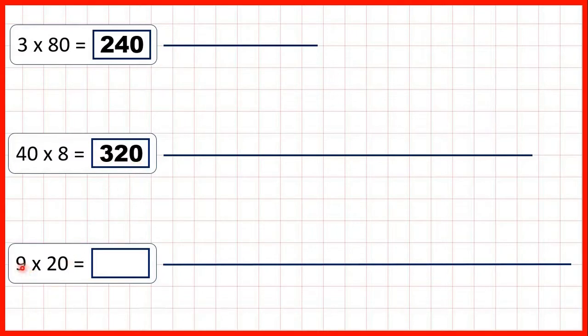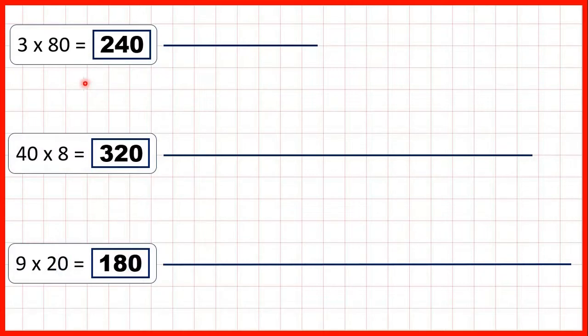And finally, we have 9 times 20. If we ignore the 0 for a moment, we know that 9 times 2 is 18. So we can write 18, but then put a 0 on the end, because if we have an end 0 in a multiplication question, there will be an end 0 in our answer as well.